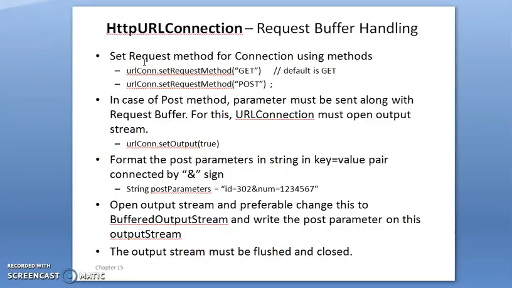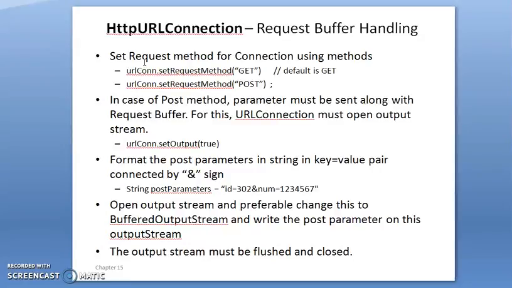For that, we will have to call URLConnection.setDoOutput true. Having done that, we will have to format the post parameters in a string as key value pairs connected by the ampersand sign, something like what we have shown here.